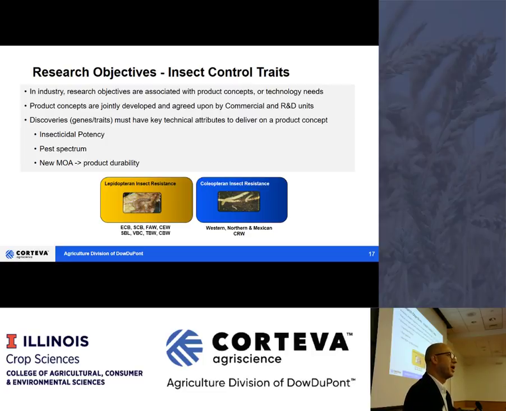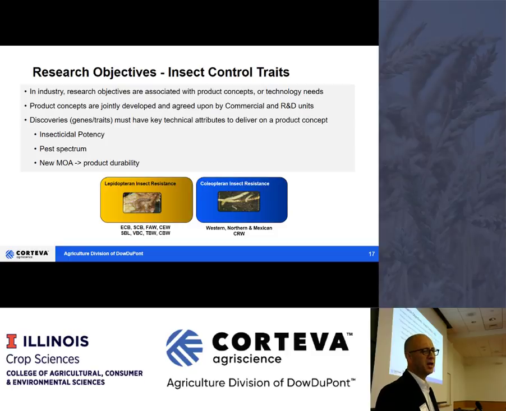So there has been plenty of time for that selection to occur, and also, as you heard today, with not such good stewardship and integrated pest management systems. So it's all very complex, and some of these things also apply to the case of insect control.